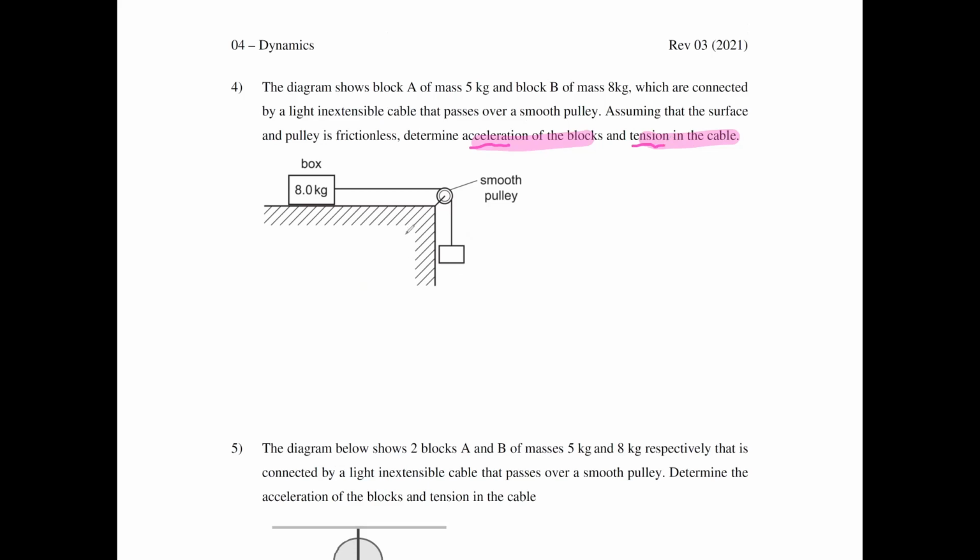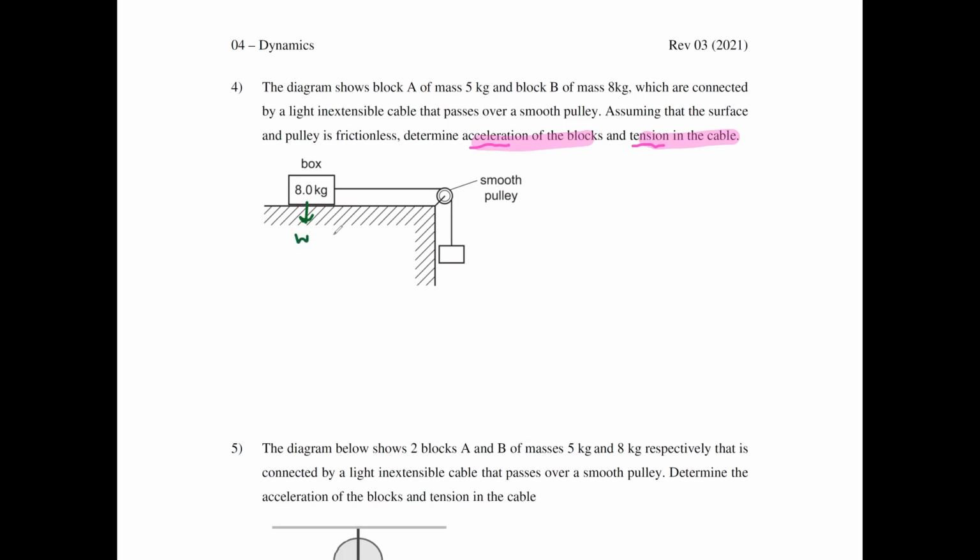Now we can do something again where we identify all the forces acting on the system. Right now, the block of 8 kg would have a weight.